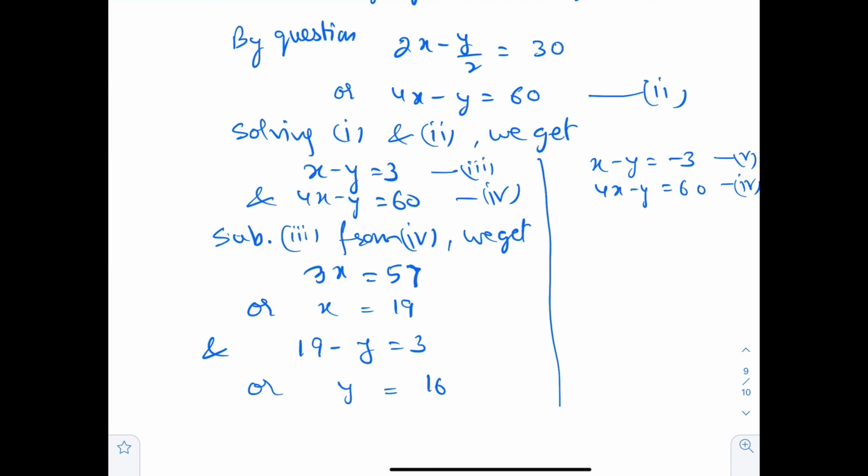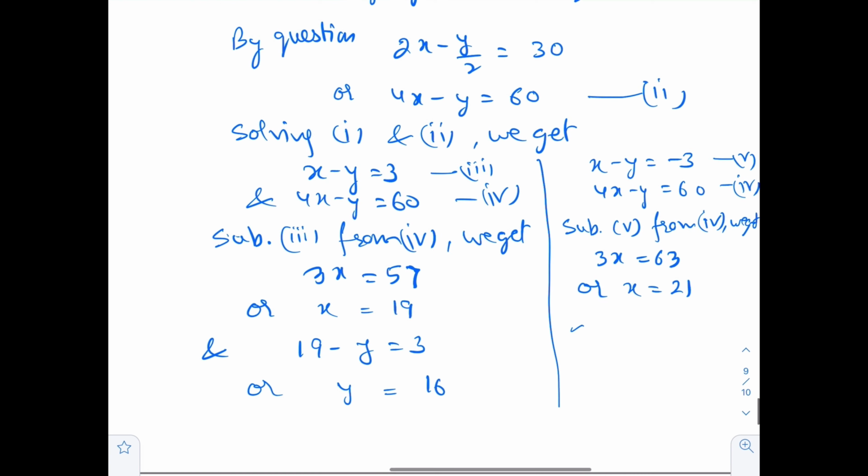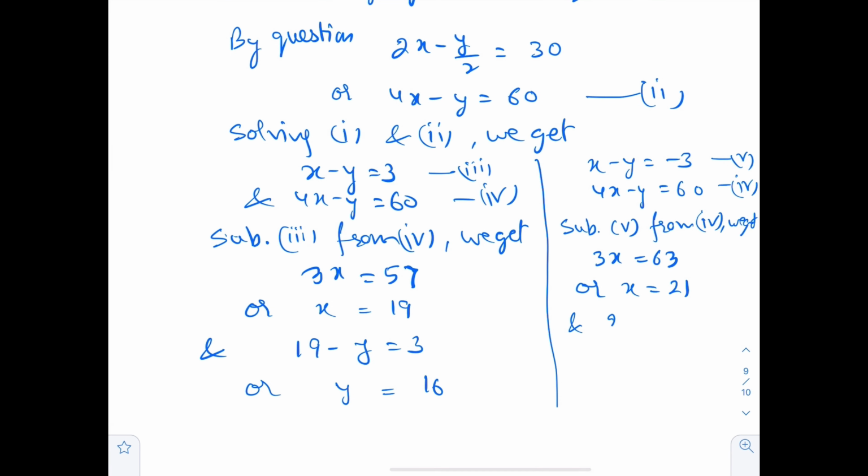So subtracting equation number 5 from 4, we get 3x equal to 63 or x equal to 21, and substitute this value in equation number 5th. So we get 21 minus y equal to minus 3 or y equal to 24.